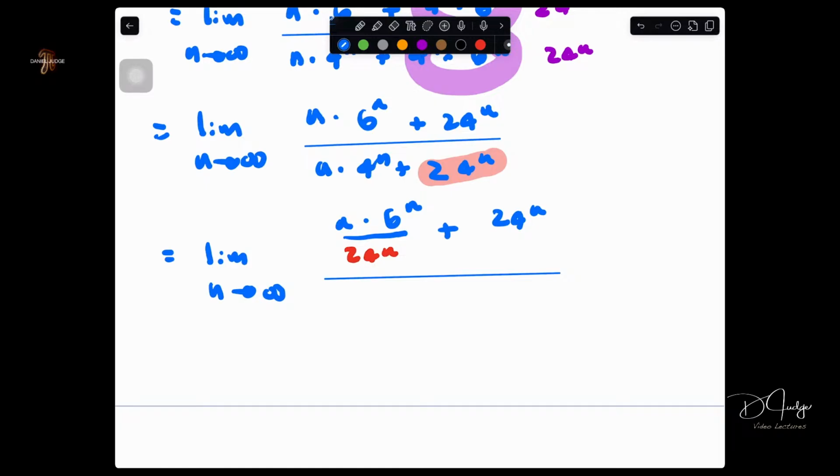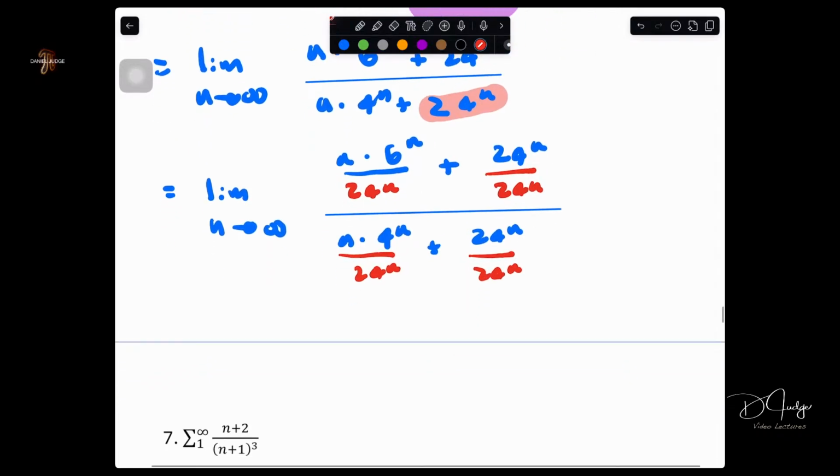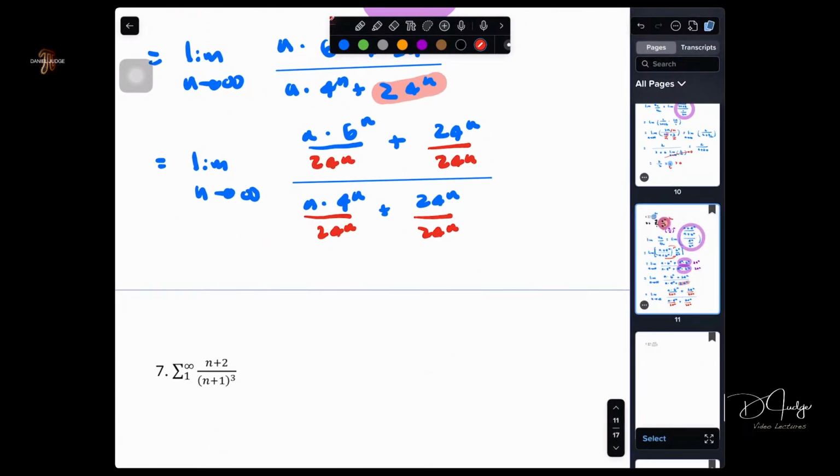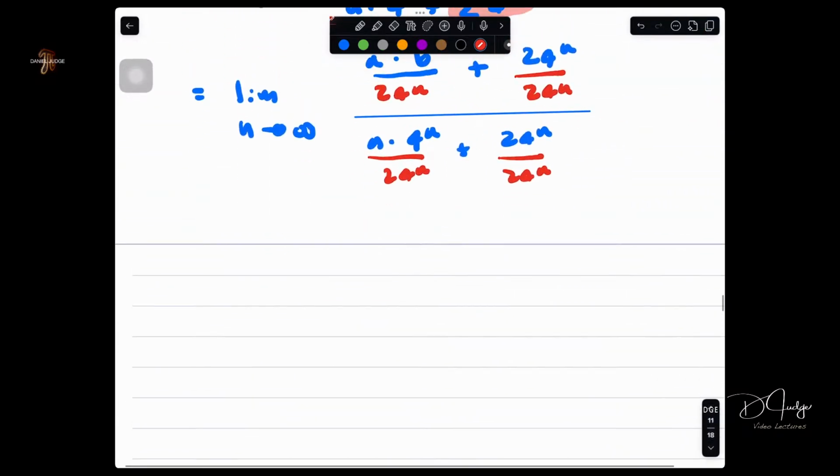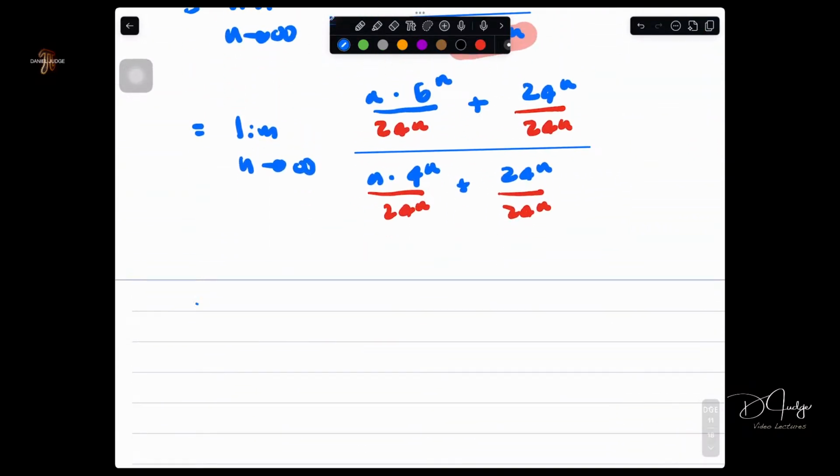Plus 24 to the n over 24 to the n times 4 to the n, divided by that 24 to the n, plus 24 to the n divided by 24 to the n. So let's see what we get when we simplify here.